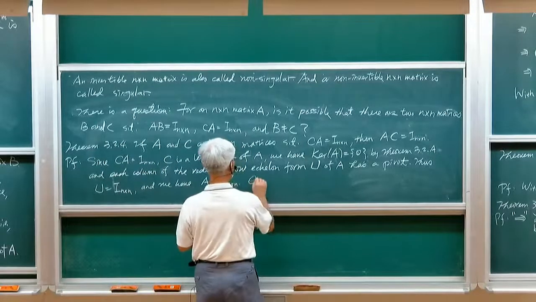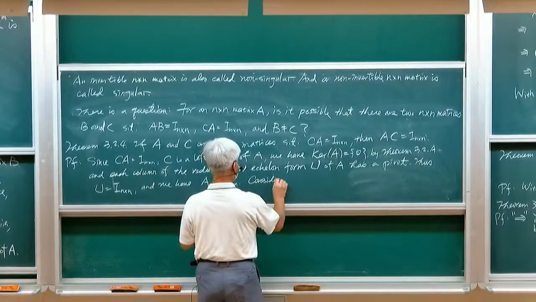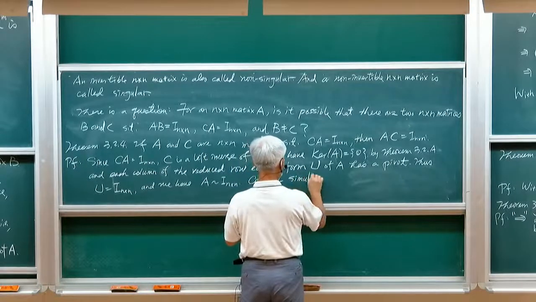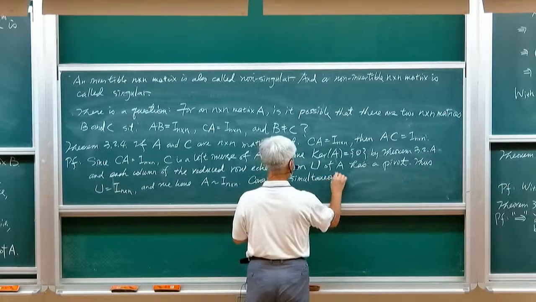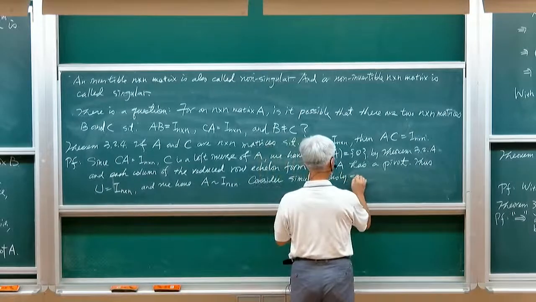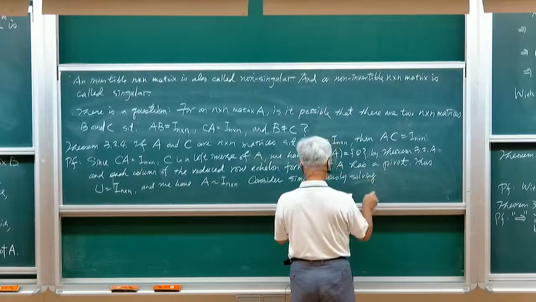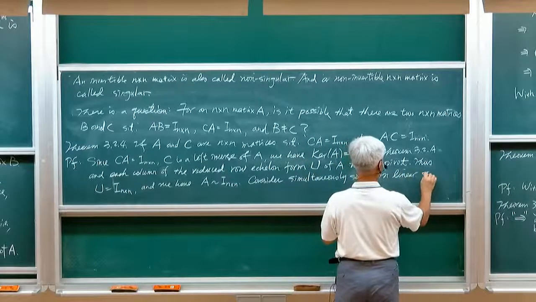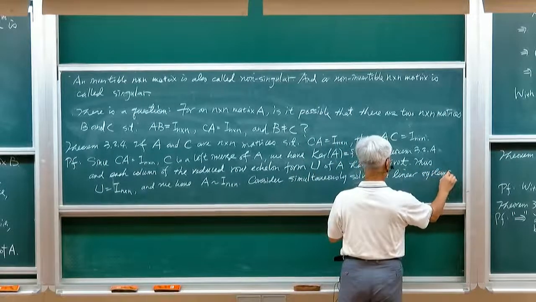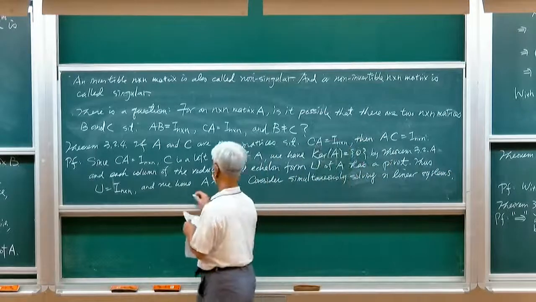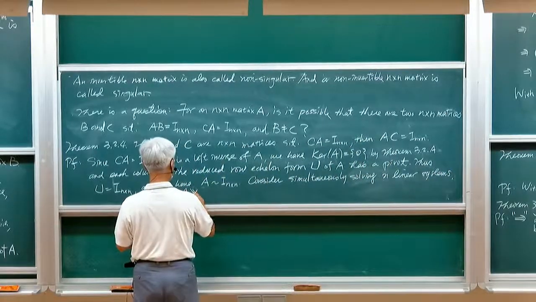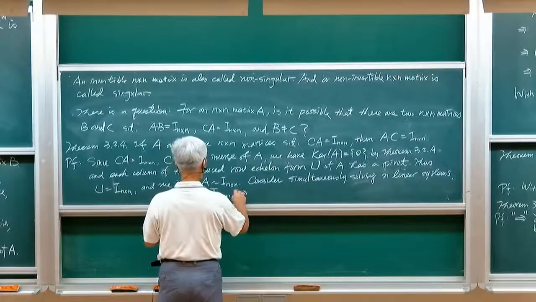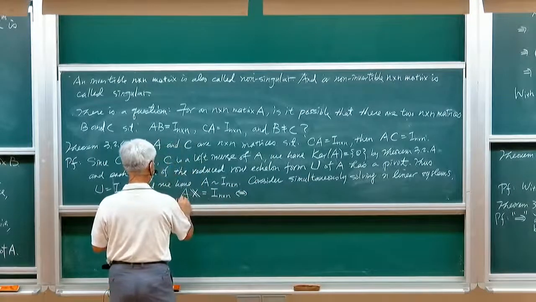All right, so now consider simultaneously solving nonlinear systems in the following way: AX equal to identity. This is n times n.